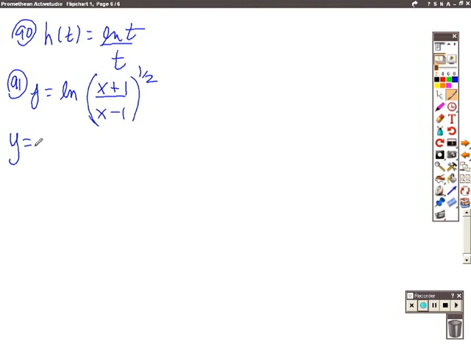So my log property will allow me to move the exponent to the front, 1/2 of the ln of x plus 1 minus ln of x minus 1. Now notice I used the log property with a power, and I used the log property with the quotient.